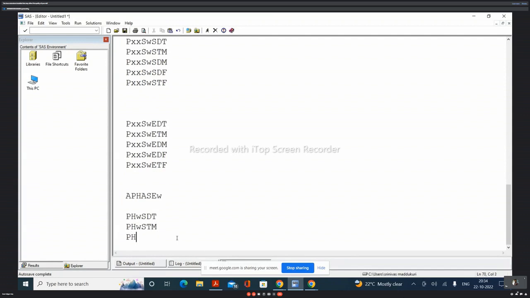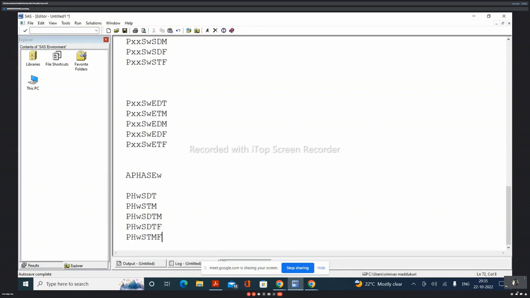Then PHW SDTM, start date and time. Then PHW SDTF. Then PHW STMF. And then in the same way, we are going to have phase end date, phase 1, phase 2, phase 3, like that. Then end time, end date and time, end date imputation flag, end time imputation flag.